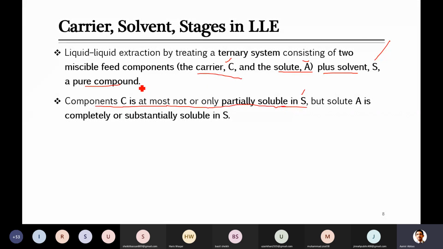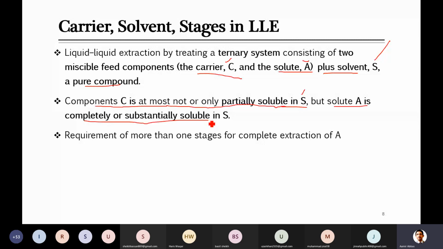The other component, which we are calling the carrier, will not be miscible with it, while with the solute which you want to remove, it should be completely or substantially soluble. It means the solvent is selected so that it is miscible with the component which you want to remove in a large amount. Either it should remove it completely or in a sufficiently large amount, not a small amount.